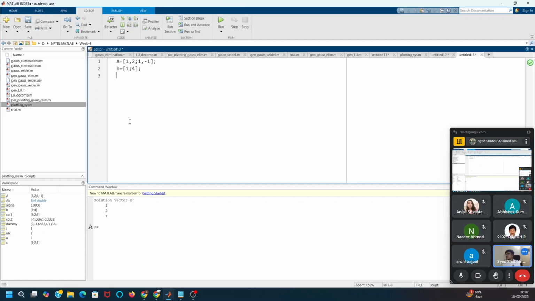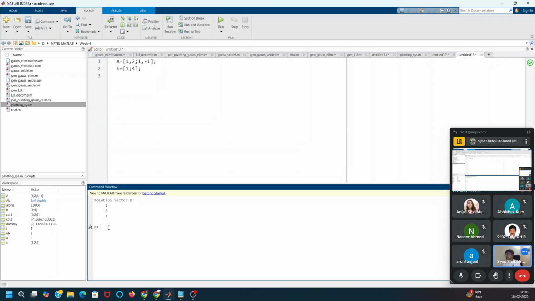I'll just run this and print here. So now you can see that in the first column, we have 1 and 1.